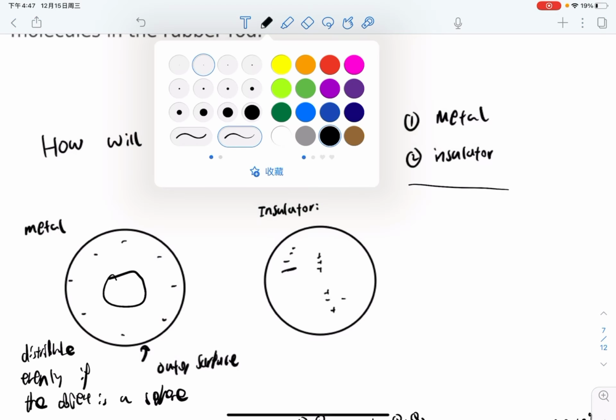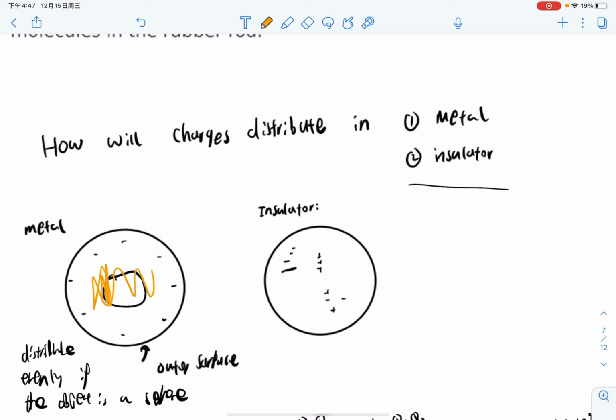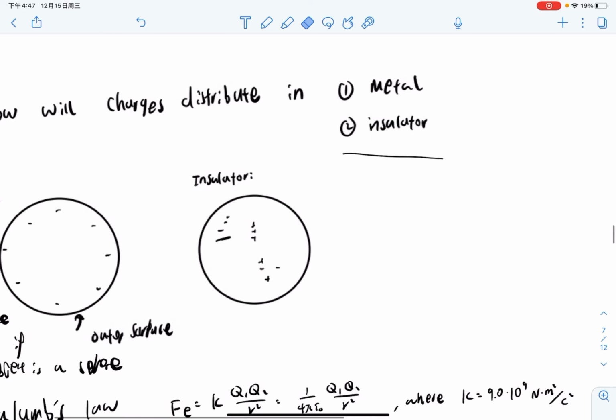Like there's no charged particles over here, or here. It is on the outer surface. And for the insulators, the charges will just stay in place because the electrons are not free to move, regardless if you apply an electric force to the insulator.